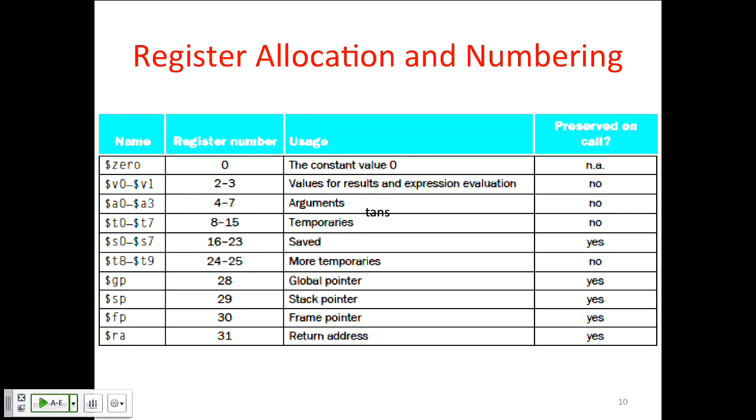You can use them, but the operating system can clobber them at any time. So as somebody writing regular programs, you can't use them because you can't rely on them retaining their value. They're reserved for the operating system to stomp on. Register 1, we'll see later, is used by the assembler itself to make it a bit easier to write code. The assembler needs a place to have a temporary for its own use, and so it uses register 1 for that purpose.